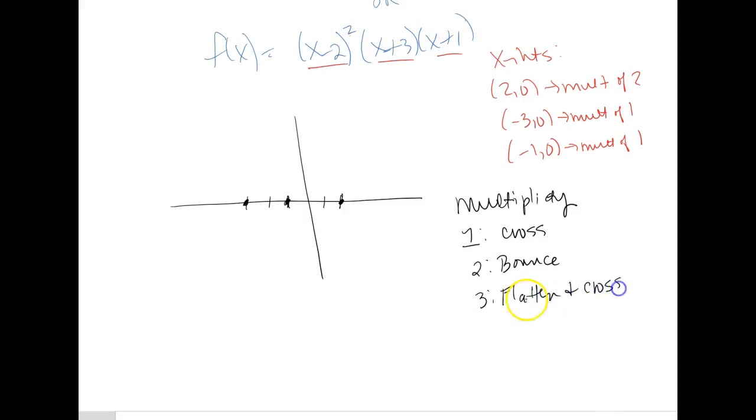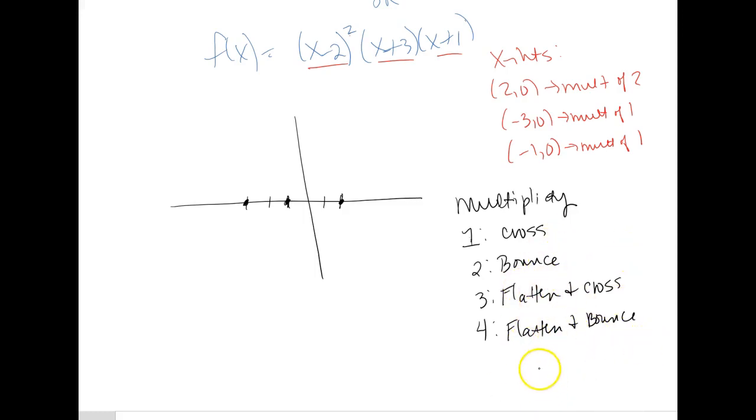So you still cross through it, just like with the other odd exponents. But with the evens, you bounce. And the higher the number goes, the more you flatten as you do these things. So the pattern would continue. If I put 5, it would say flatten more and cross. A multiplicity of 6, flatten more and bounce. So you just keep going flatter and flatter.